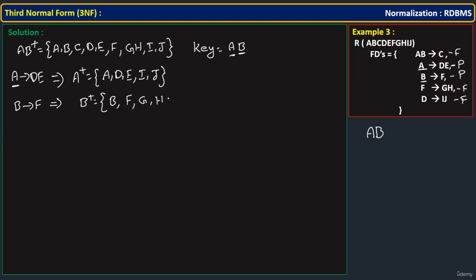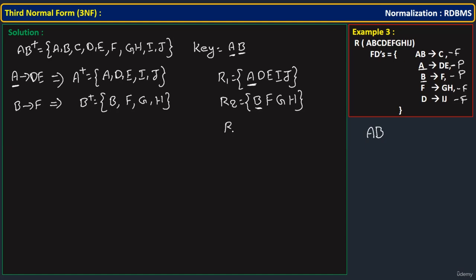So now if you observe the relations, R1 is going to become A, D, E, I, J, and in this the primary key is A. R2 is going to become another relation, that is B, F, G, H. So this is another relation, and here the primary key is B.